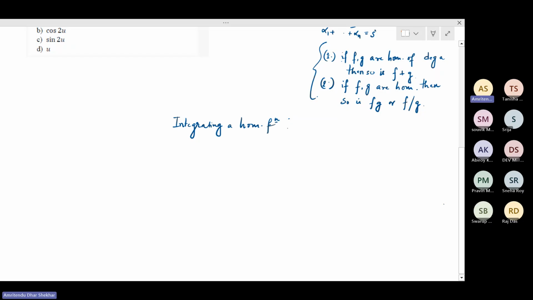So let's say f is a homogeneous function of n variables, x1 to xn, which satisfies f of lambda x1 to lambda xn is equal to lambda to the power a times f of x1 to xn.